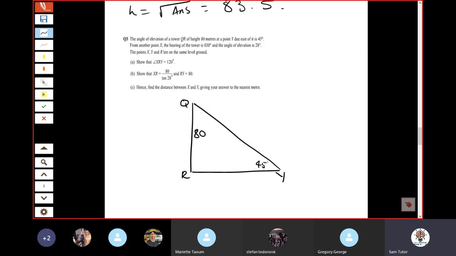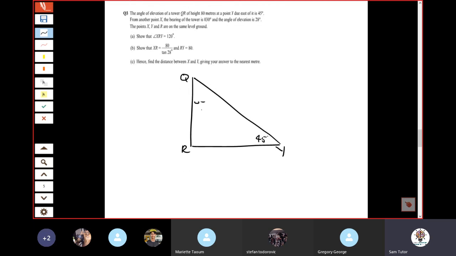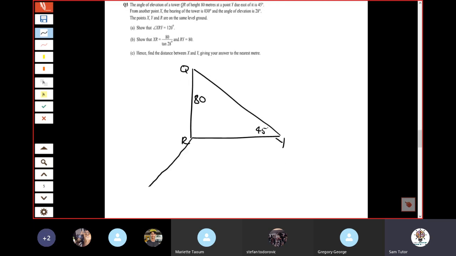From another point X, the bearing of the tower is 30 degrees. So we know the bearing is 30 degrees, so therefore this bit here is also 30, which means this whole angle, which is the more important one, is 120 degrees.